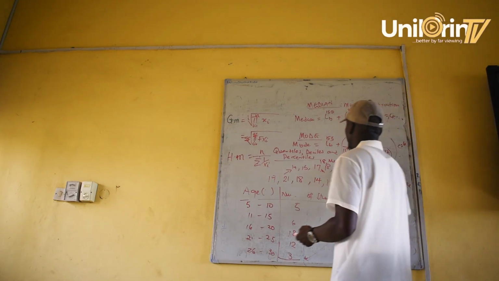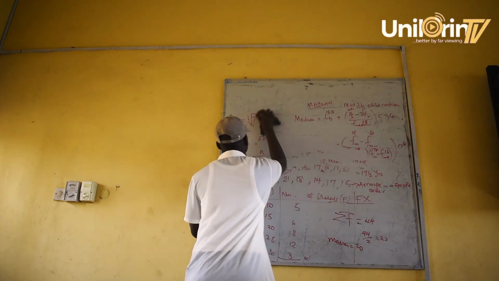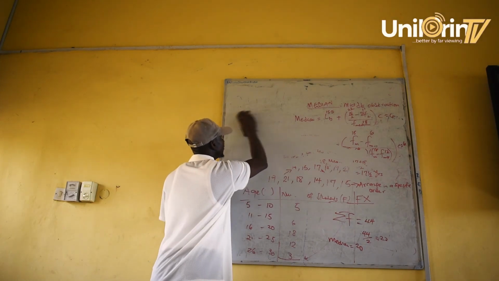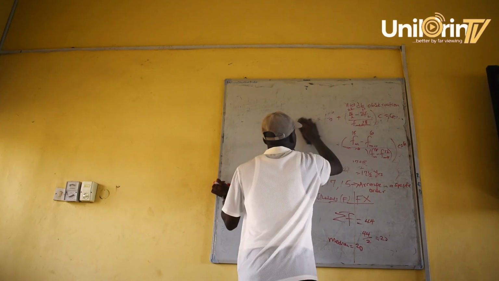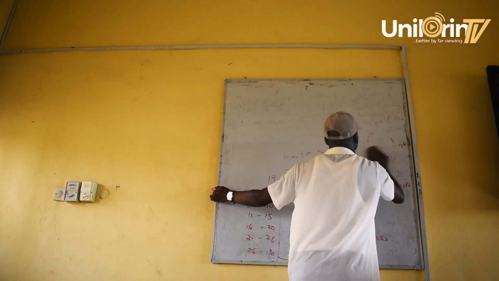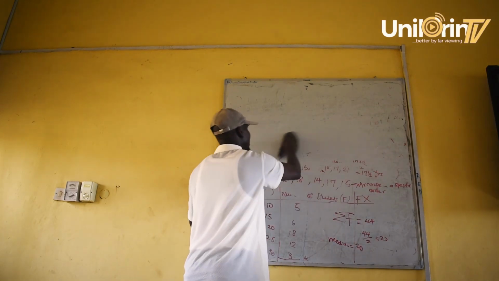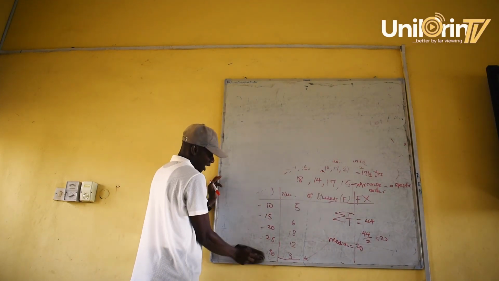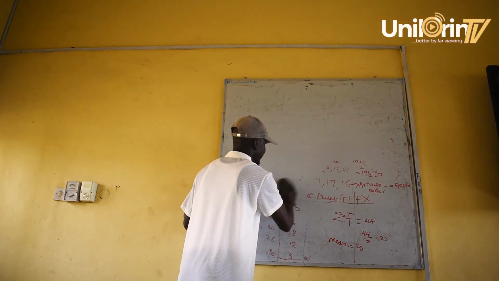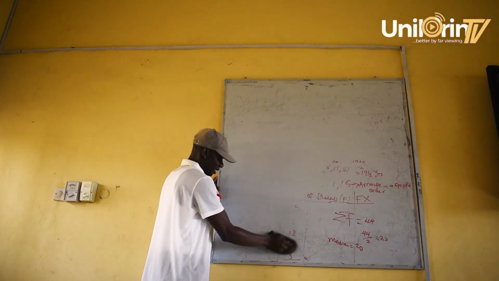We now ask which observations are at the middle. You have 6 observations. If you take one from each end, you make 4 left; take another one from each end, you make 2. If you take the 2, nothing will be at the middle. Then the median in this case is the addition of 17 and 18 divided by 2, which will give you 17 and a half.